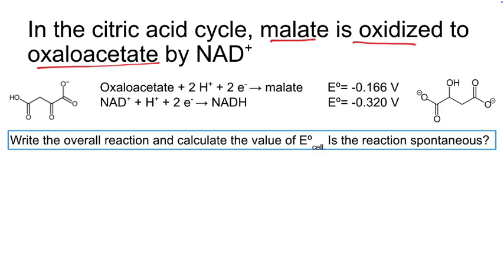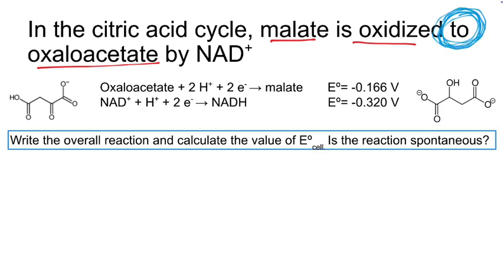Malate is oxidized to oxaloacetate. Does that sound like a reactant or a product? We've got one person saying reactant. Everybody agree? Go for it. We'll talk about it in a second.